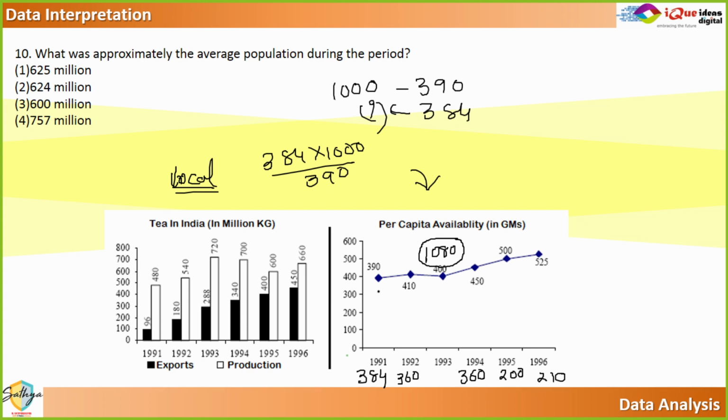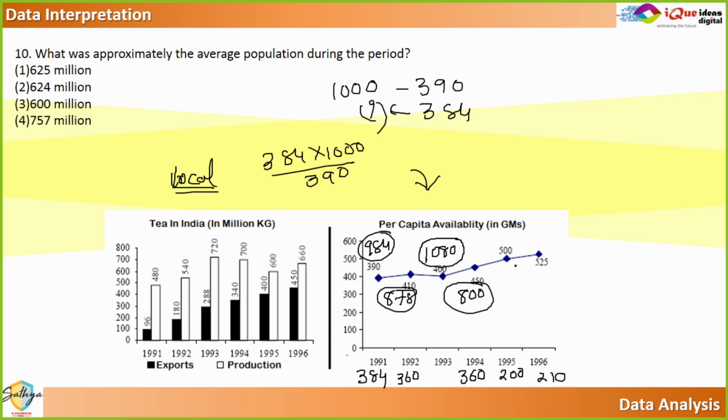So this population works out roughly to 984, right? So similarly, for all the others, let's work out the population. The second one, population roughly comes out to be 878 point something. Third one, we already know. Fourth one, population works out at 800.